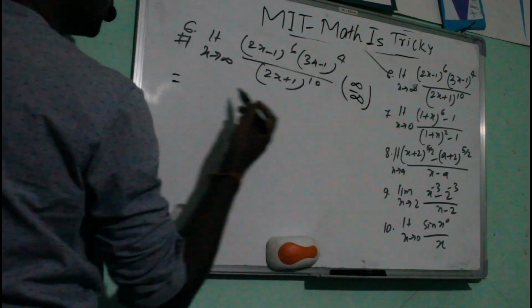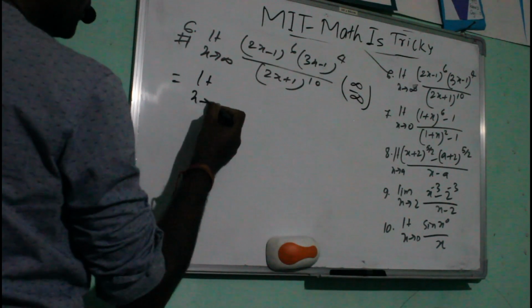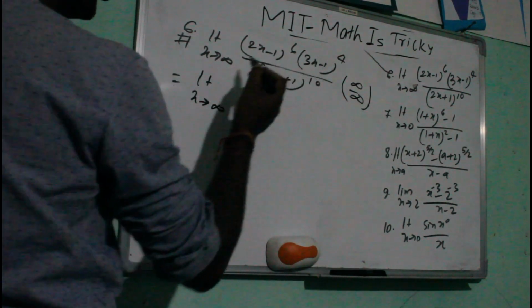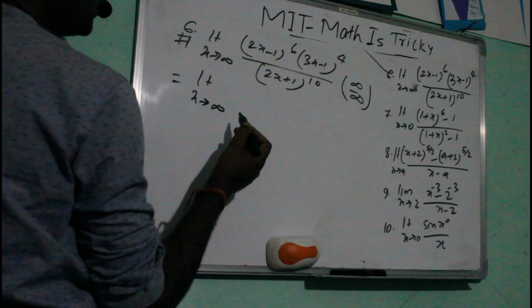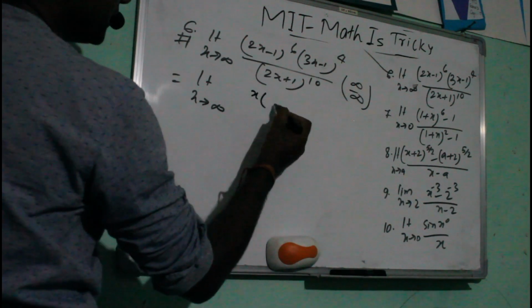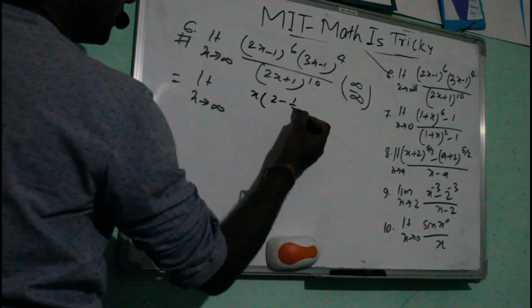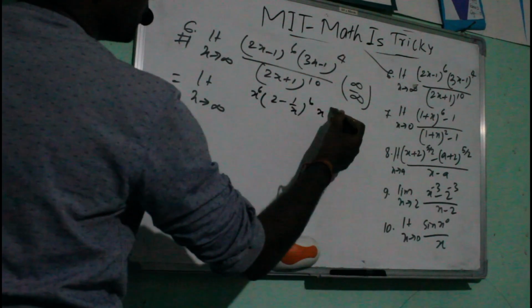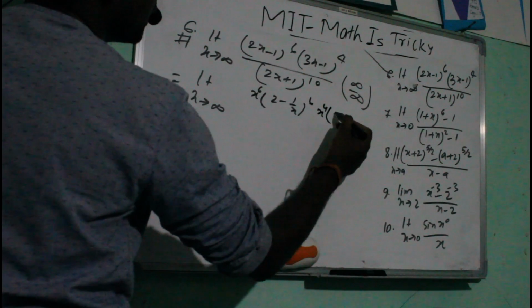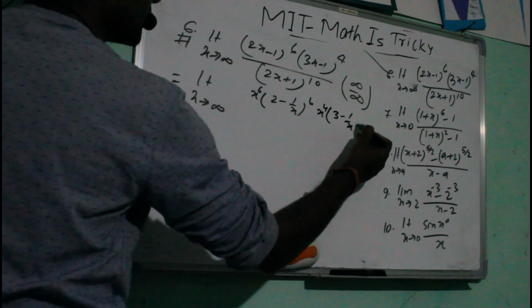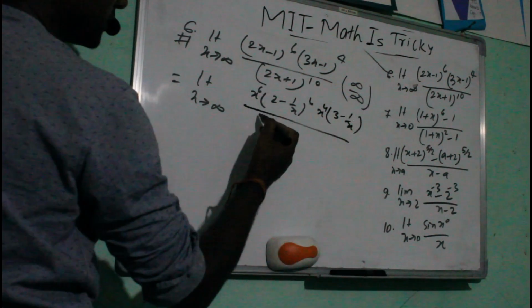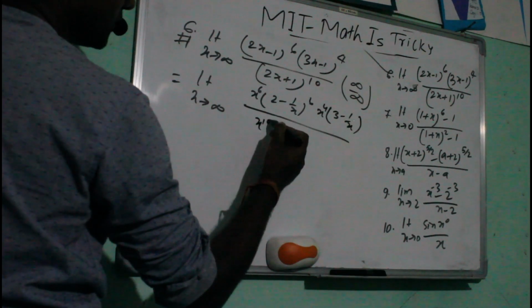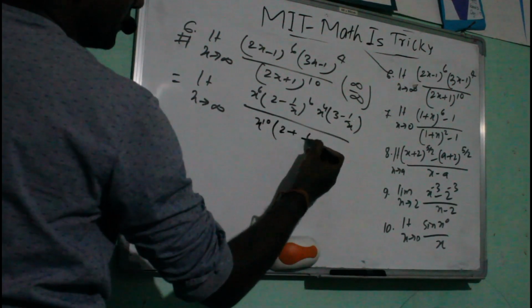So in this case, we simply cancel the highest power variable from the numerator and denominator. So let's take x common. So 2 minus 1 by x to the power 6, and then x common from the second, so it will be 3 minus 1 by x to the power 4. In the denominator also let's do the same thing, x power 10, 2 plus 1 by x.